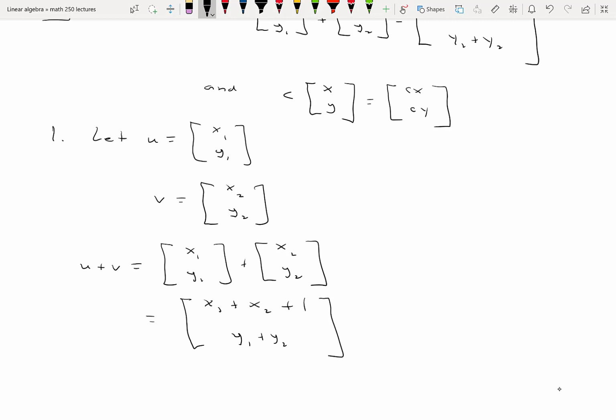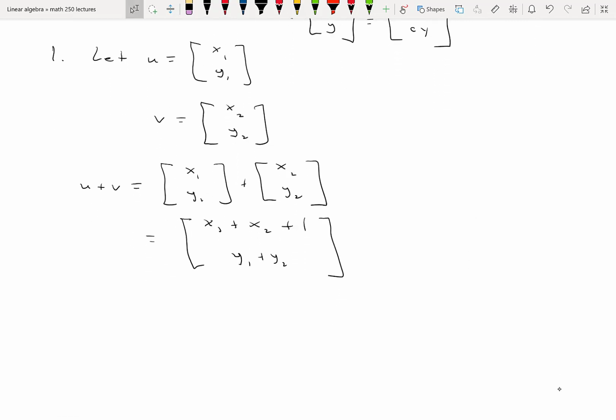Okay, I'd like this to equal v plus u. Well, the entries in this column vector are real numbers, just as they were before. Real numbers satisfy the commutative property of addition.